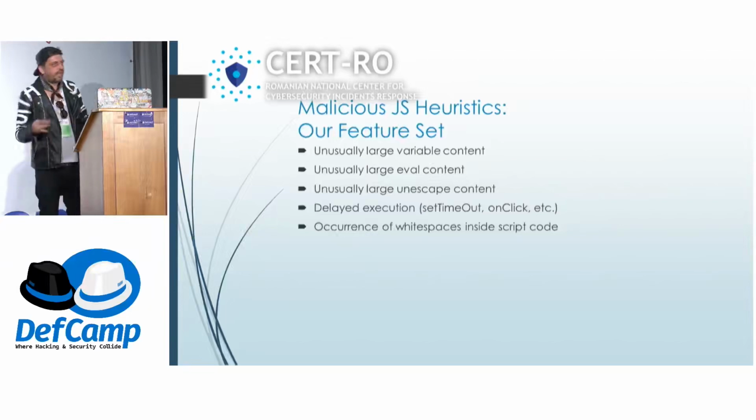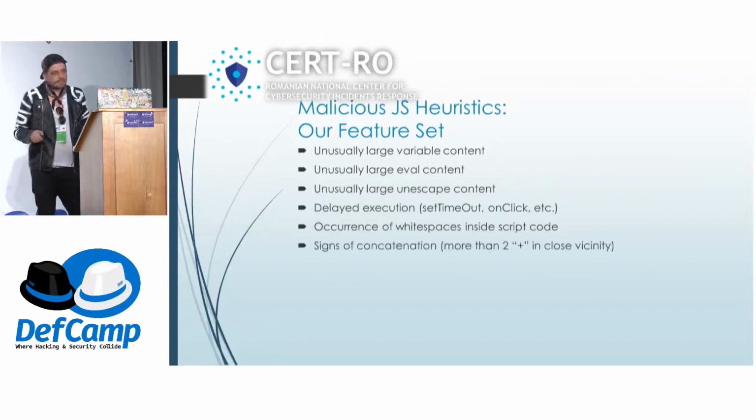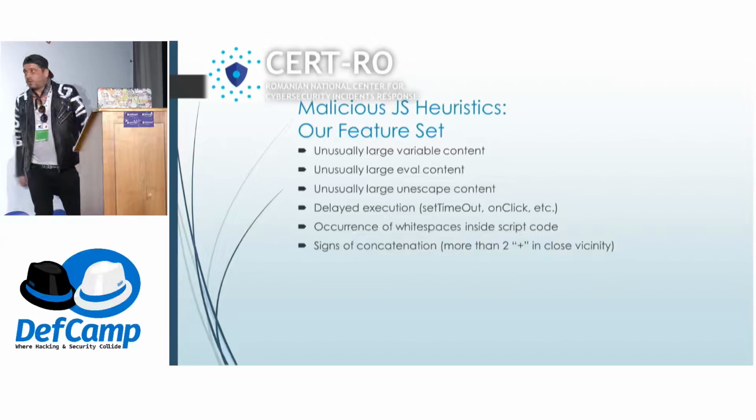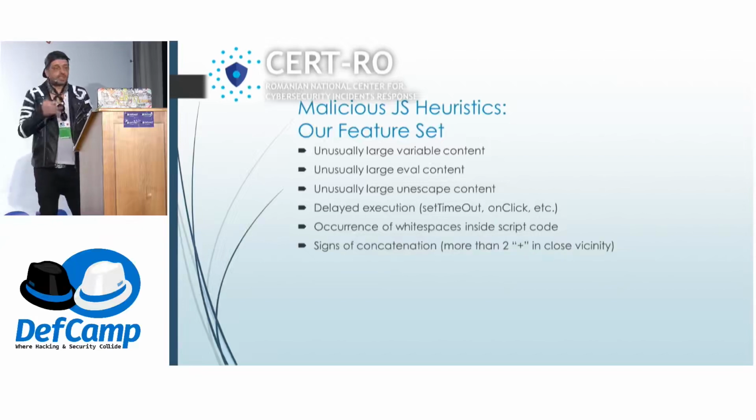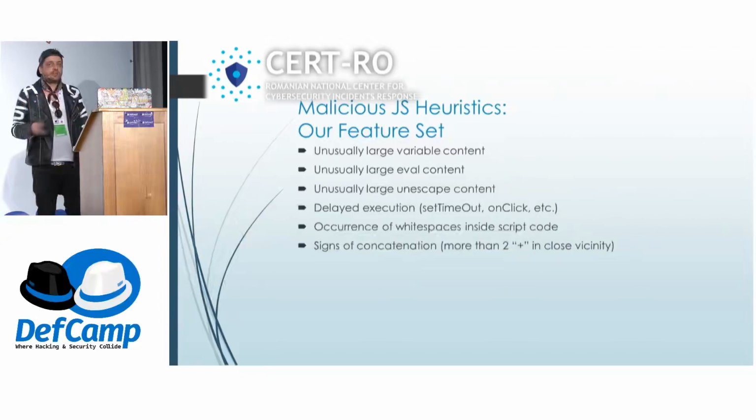Guys were, I guess, trying to save space, I don't know. But this is the fact, they use very little white spaces. And also we're looking for signs of concatenations, which we consider to be more than 2 plus signs in close vicinity.